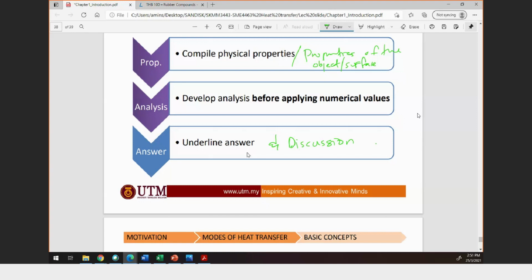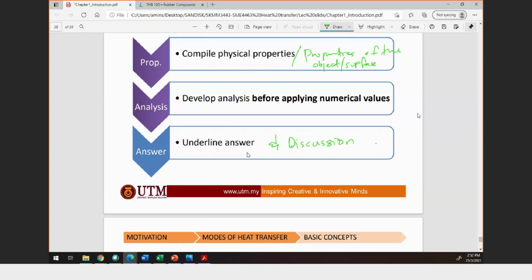What happens if this value changes to another value, for example? What happens if the material of this particular system is changed to another material? So you need to know what the effect is.